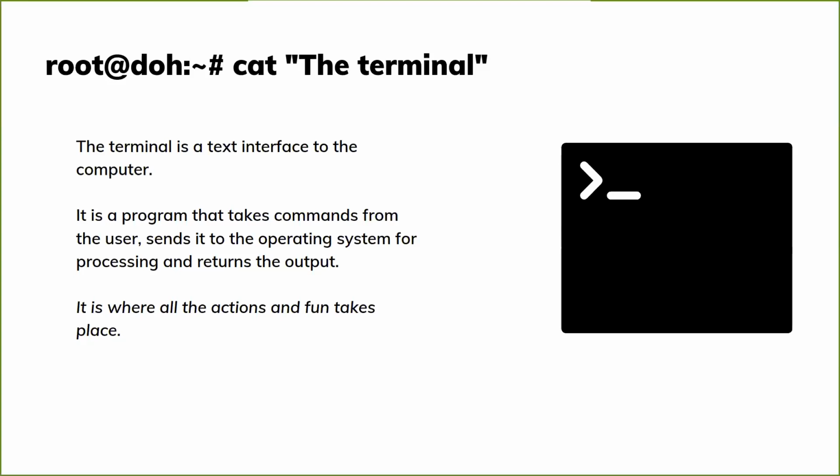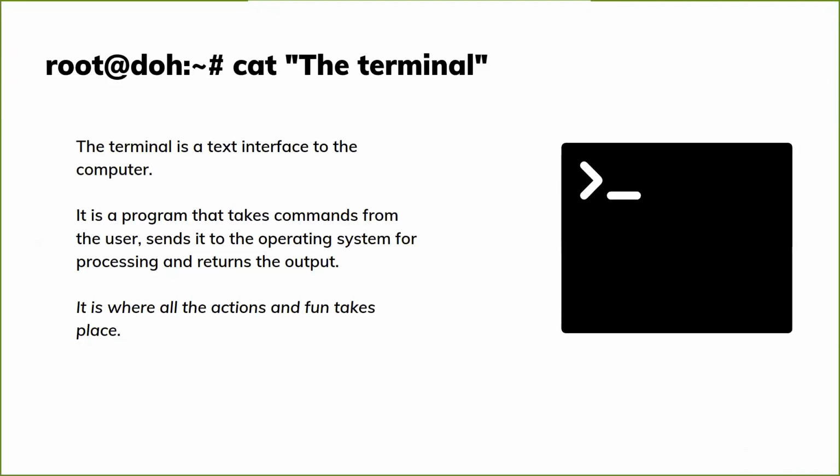Basically, you are clicking on what is provided to you, and whatever you click, the function calls whatever needs to be called. But from the terminal, you have access to run the commands you want to run by yourself. You can send commands to the operating system directly for processing. On the terminal, you can do a lot of things.